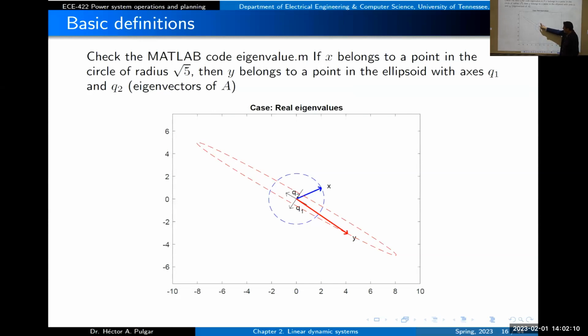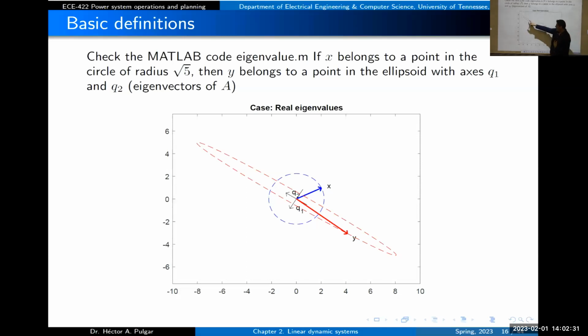So for any vector in the circle in blue, I will get a vector in the ellipsoid in red. So basically, this matrix A is transforming the geometry of our system. So if you have a circle and you pick any x within that circle, you obtain an ellipsoid.